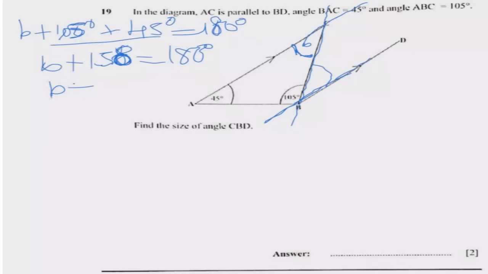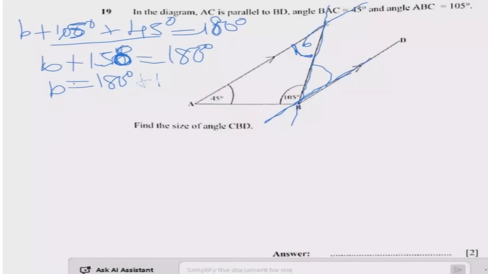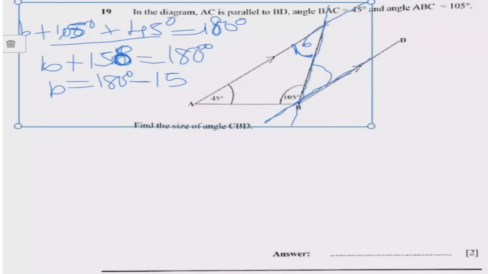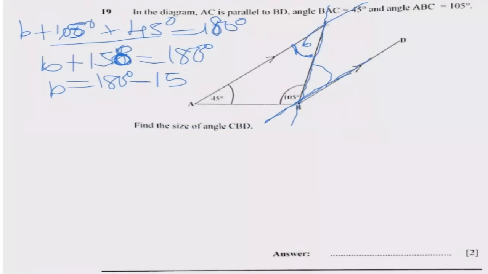So we have B is equal to 180 degrees minus 150 degrees. Not plus, it should be minus. 150 will cross the equal sign and go to the other side and become minus 150 degrees.